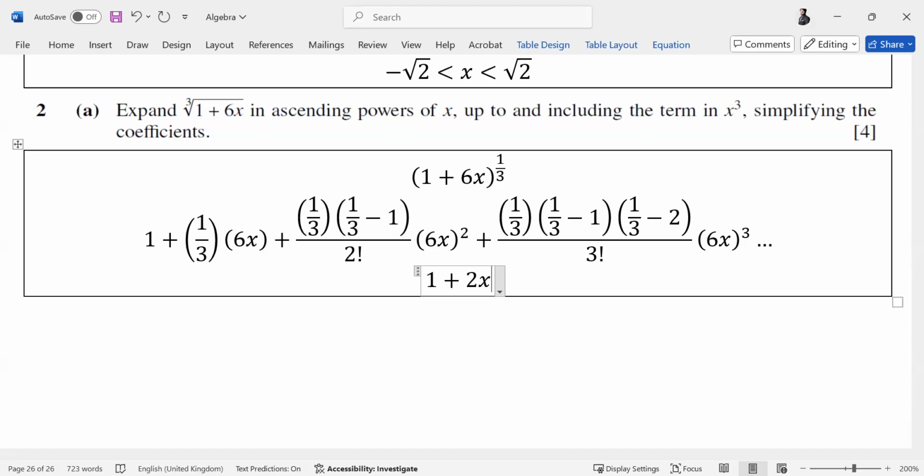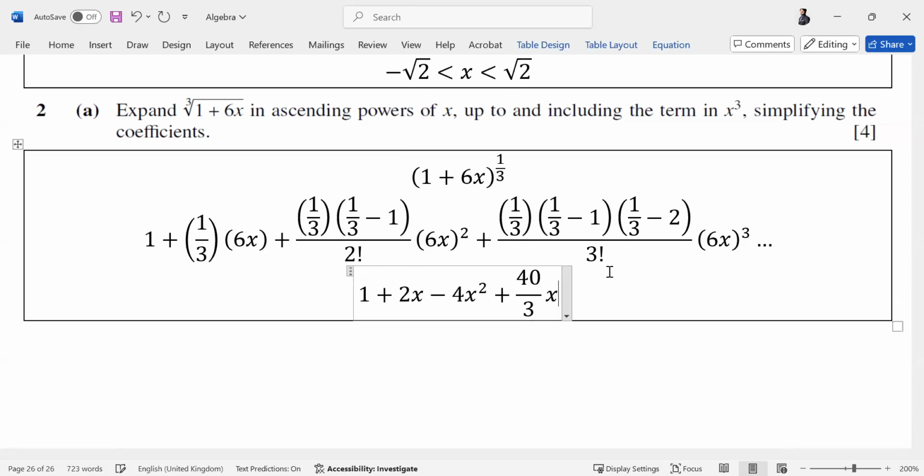Yes, beta, what do you end up getting? Minus 4x square and plus 40 upon 3x cubed, like the same thing.